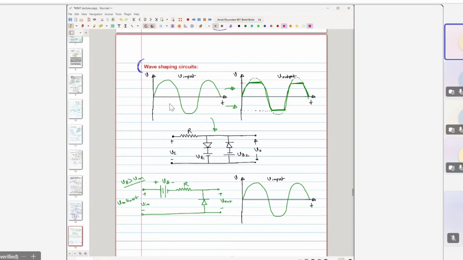For example, if we choose this R here, this R value should be able to limit the current that can flow through this diode and this diode. You cannot use any resistor here, because each diode has a particular current carrying capability.